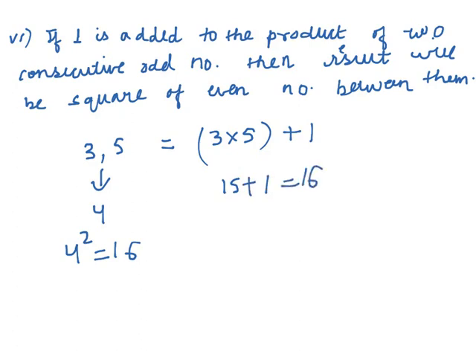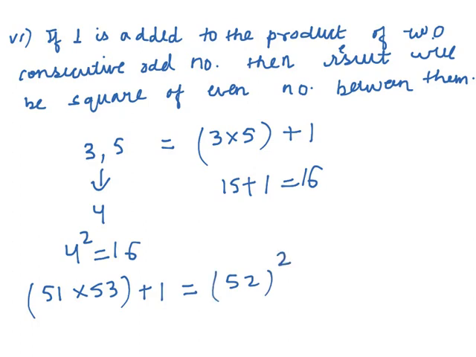So that is true, the product of two consecutive odd numbers plus 1 gives the square of the even number between them. For example, if we have 51 and 53, we multiply them and add 1 to the result. It should give us 52 square because 52 is the only even number between them.